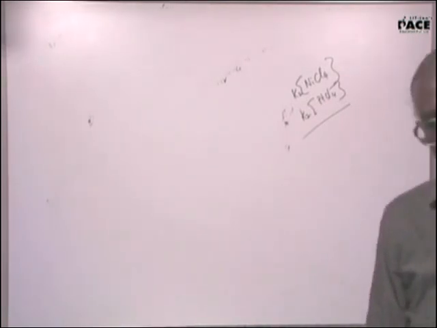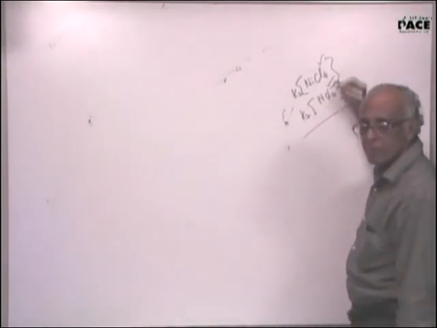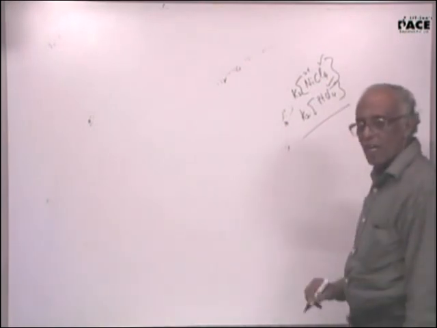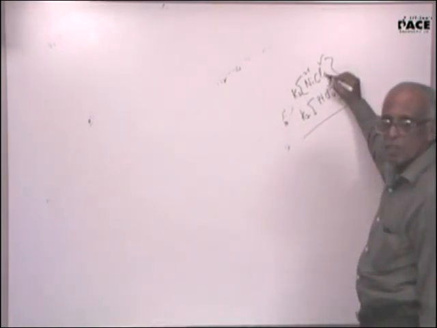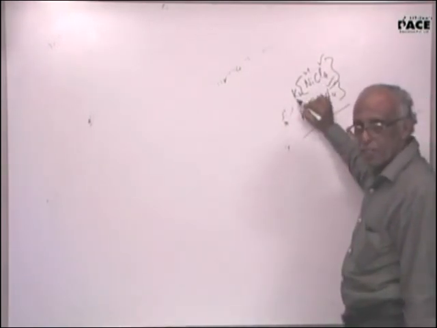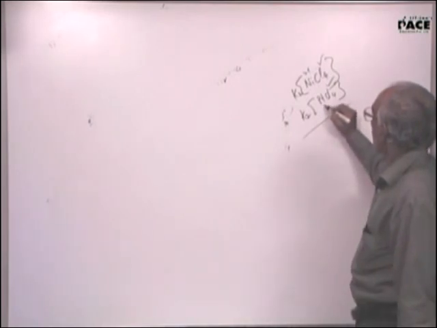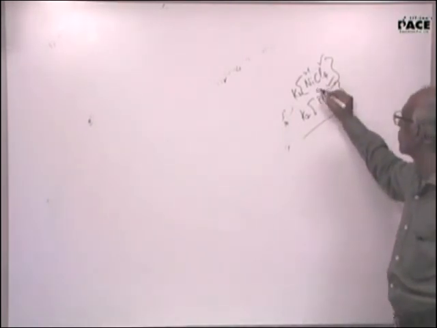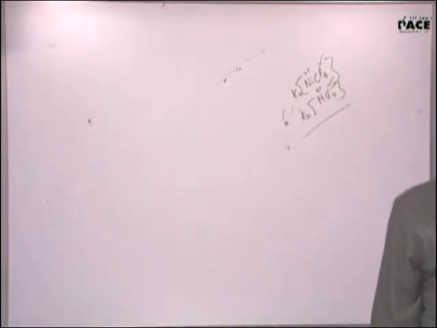Yes, sir. The anion is common. Nickel is 2 plus, because of the 4 negative charge and 2 positive charge by potassium, so nickel has to be 2 plus. What is the oxidation state of platinum? 2 plus. As you go down the group, the reactivity decreases.